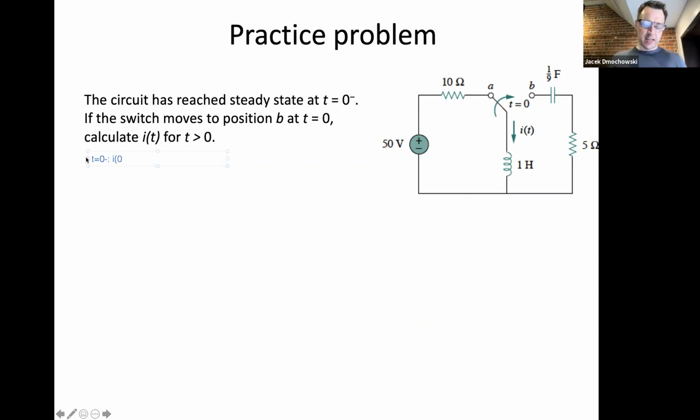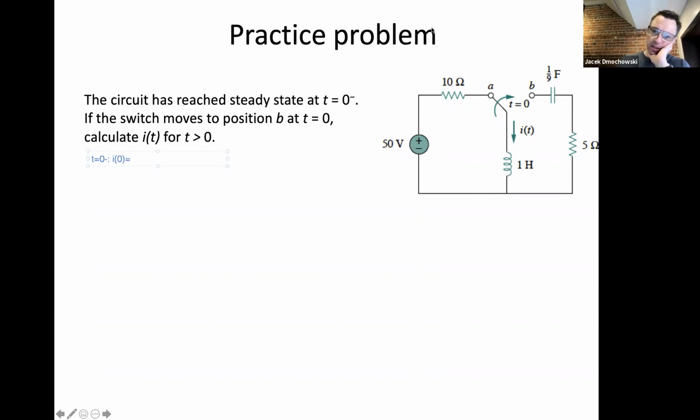So what is the value of I of 0 in this picture, when the switch is in position A and this circuit has been in steady state? In other words, this inductor at time equals 0 minus is a short circuit. So what is the value of I of 0 in this?